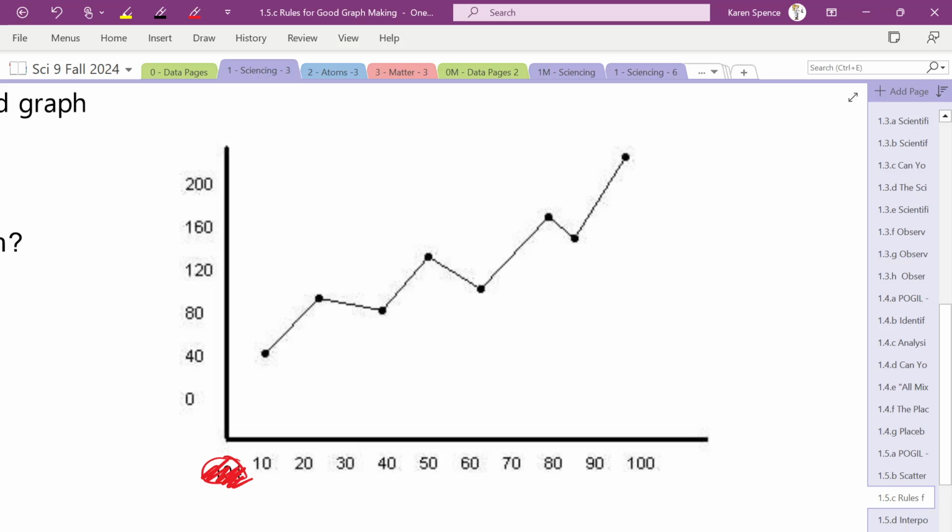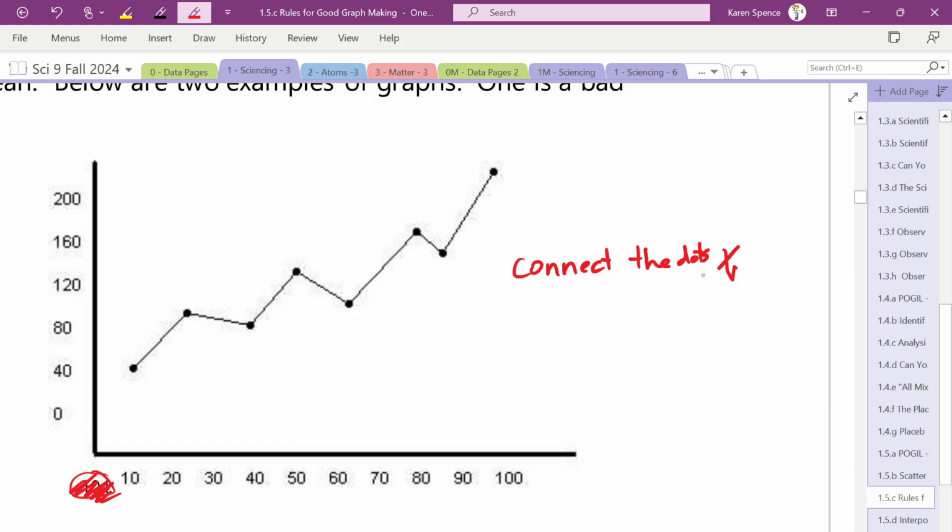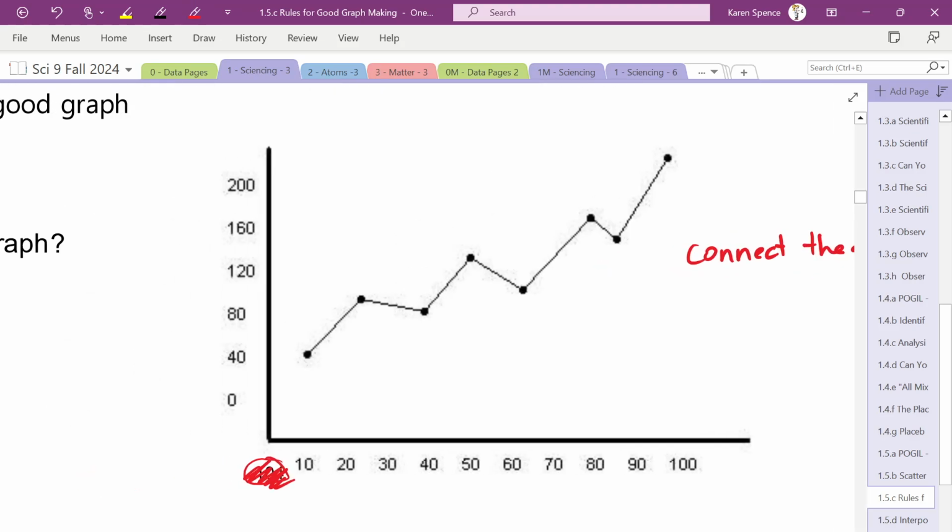Lucas? Yeah, they connected the dots. No good. Yes? 0 isn't at 0. Yes?